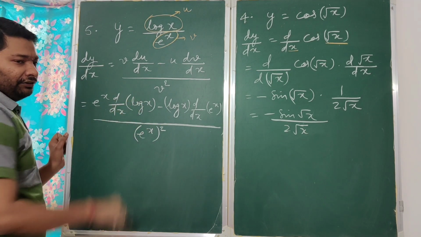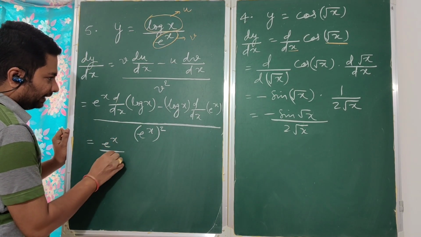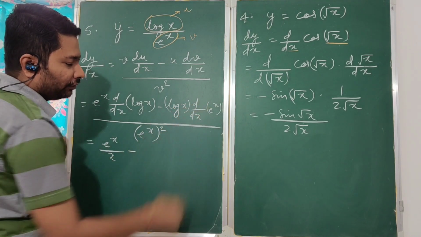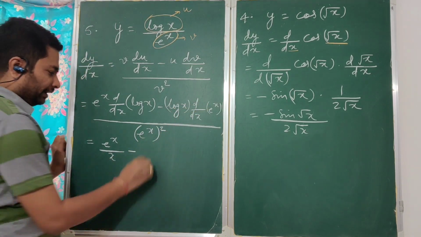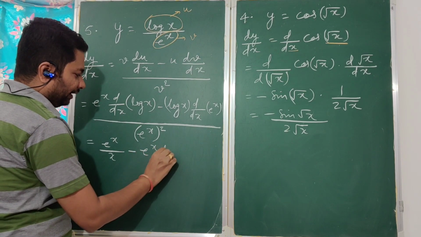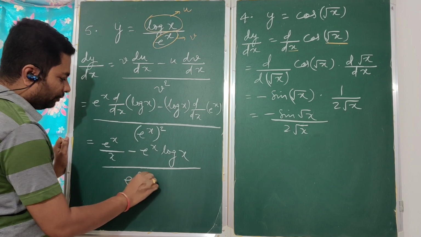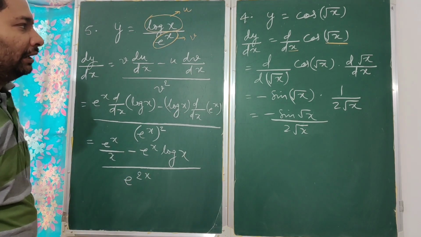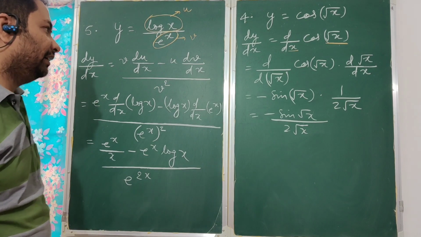What is the differentiation of this? It will be 1 by x, so we can write it as e to the power of x by x, minus d by dx of e to the power of x. The function does not change. It is e to the power of x only, so we can write e to the power of x into log x, by e to the power of 2x. So that is how you can differentiate the function which is in division.